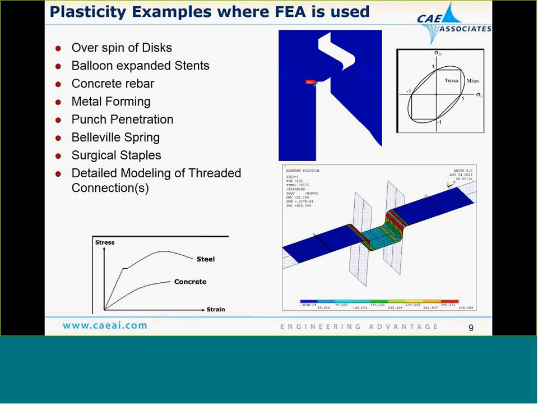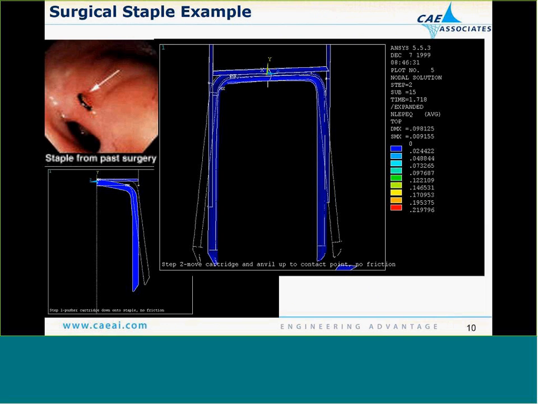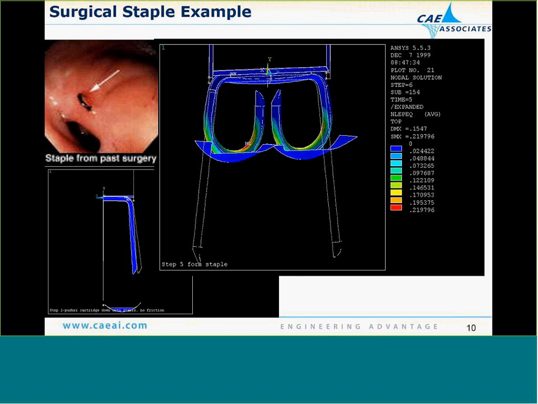In terms of analytical simulations of plasticity, some common uses are overspin of discs, balloon expansion of stainless steel stents, metal forming operations, surgical staples, which is an example I'll show in a second, and detailed modeling of threaded connections, to name just a few. So there's an example of a surgical staple.